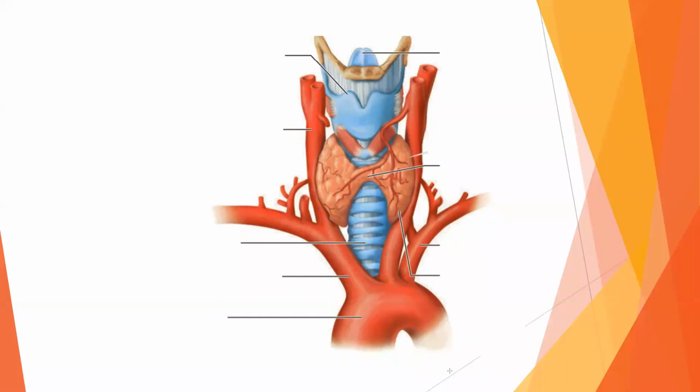Let's go back to your anatomy. Can somebody from the group identify what part of the human body this area here is? Your thyroid gland actually wraps around this area.